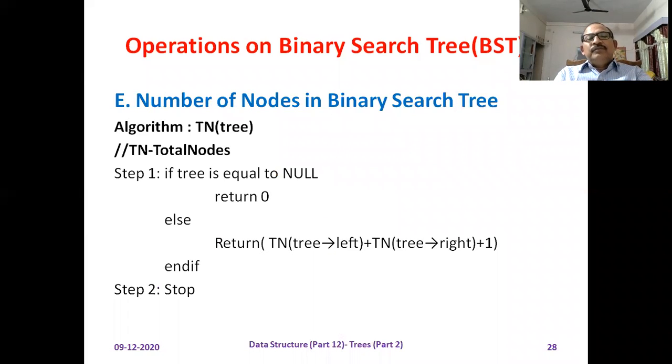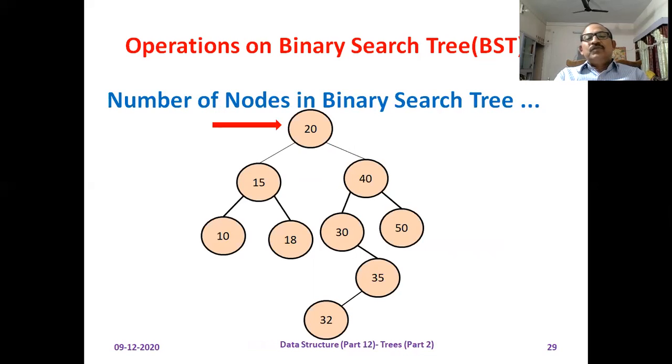Here you have seen, if tree is equal to null, we simply return 0, meaning the number of nodes in the tree is 0. Otherwise, total number of nodes is equal to the total number of nodes in tree left plus the total number of nodes in tree right plus 1.